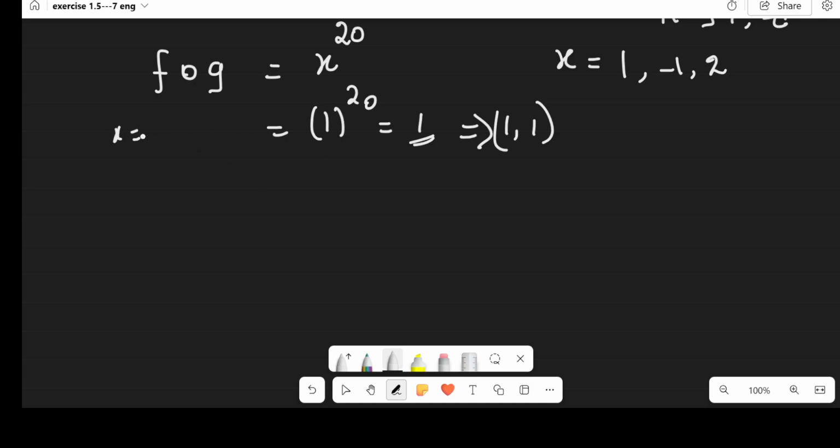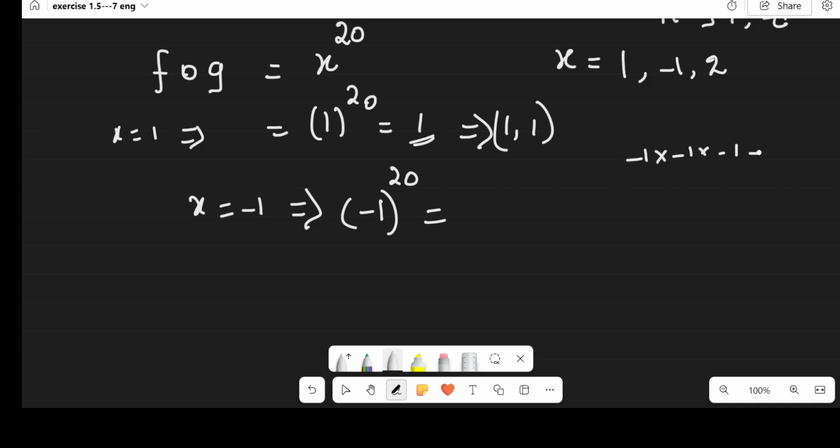This is x equals 1, then I am giving x equals minus 1. Minus 1 means minus 1 the whole power 20. So the answer would be minus 1 into minus 1 into minus 1 into minus 1, 20 times. The answer would be plus 1. I'll be getting plus 1, right?